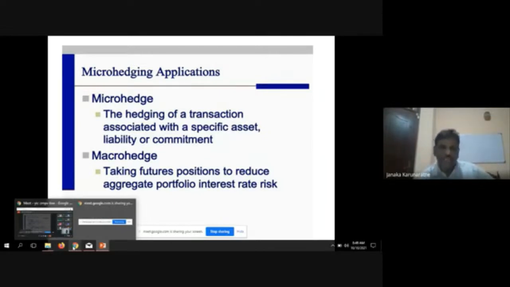So what is micro hedging? What is macro hedging? Now, when you take your balance sheet, there are a number of elements, assets as well as liabilities and also commitments. Now, if you want to hedge a risk arising from a particular instrument in your balance sheet, you can do so.